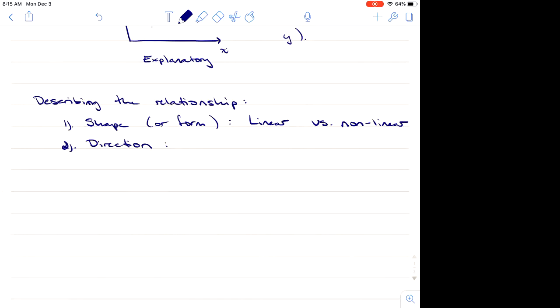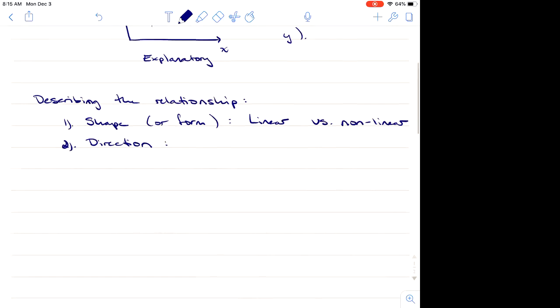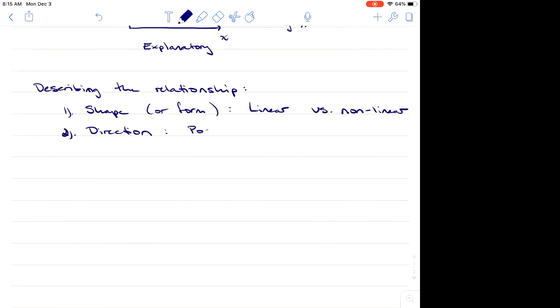Or if it's going down, then you have a negative relationship. So it's either positive versus negative. And we said a positive relationship is going to look like this, and a negative relationship is going to look like this.